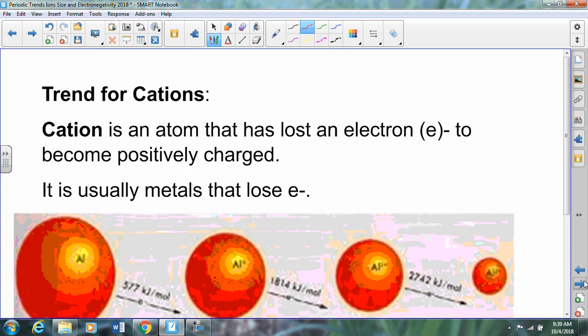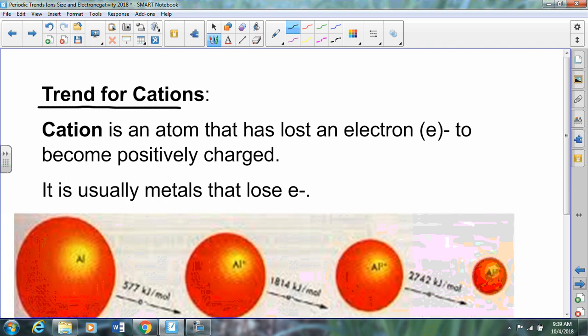So our first trend that we're talking about today is the trend for cations. I'd like to remind you that in class I spent a little bit of time talking about how a cation is an atom that has lost one or more electrons.